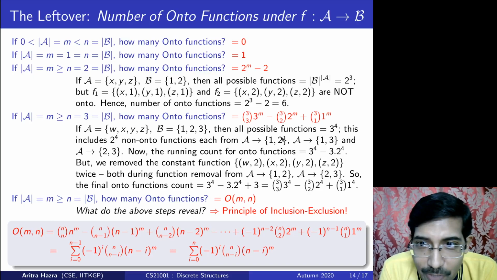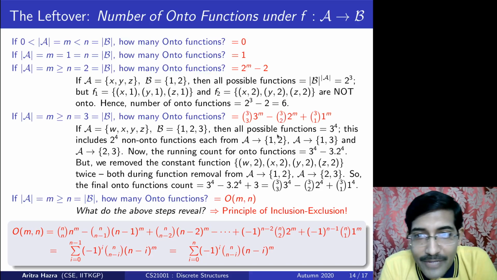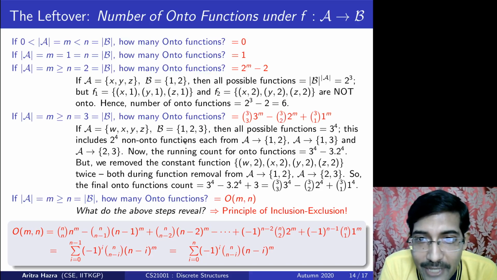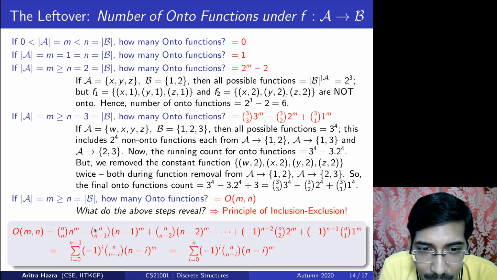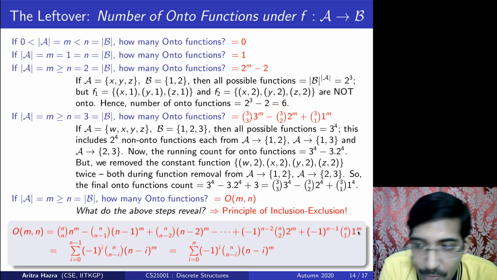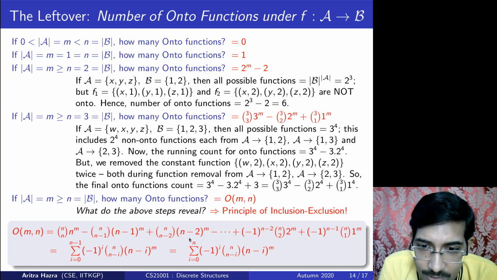Then we try to remove the set of functions that eliminates one element and selects the functions with only two elements. So nC(n-1) into (n-1) to the power m, then nC(n-2) into (n-2) to the power m. See this formula: inclusion, exclusion, and so on up to 1 to the power m. So this is nC1, so this will be n minus 1, this comes to 1.